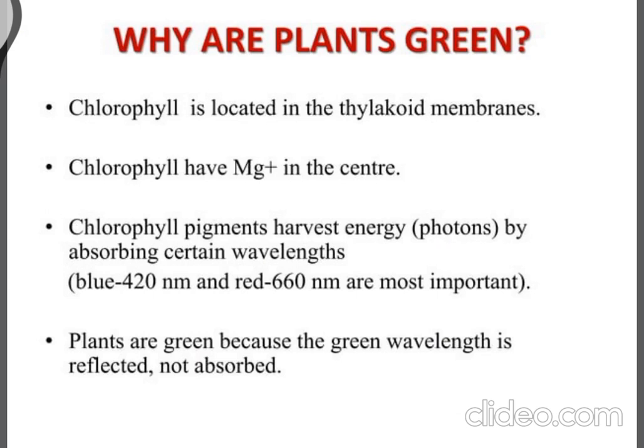Chlorophyll is located in the thylakoid membrane. Chlorophyll has magnesium in the center. Chlorophyll pigments harvest energy by absorbing certain wavelengths. Blue, 420 nanometer, and red, 660 nanometer, are most important. Plants are green because the green wavelength is reflected, not absorbed.